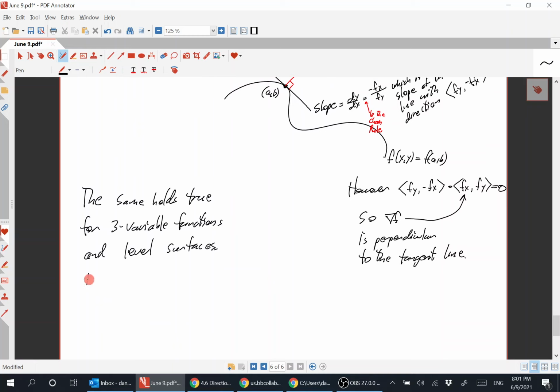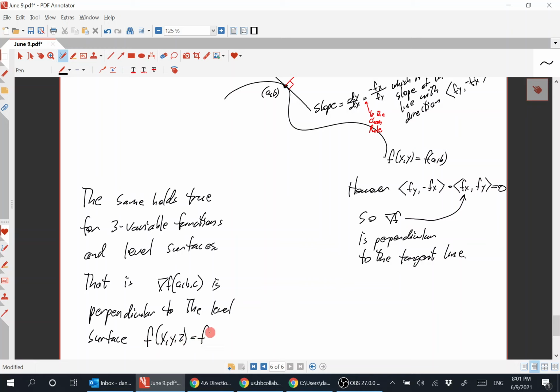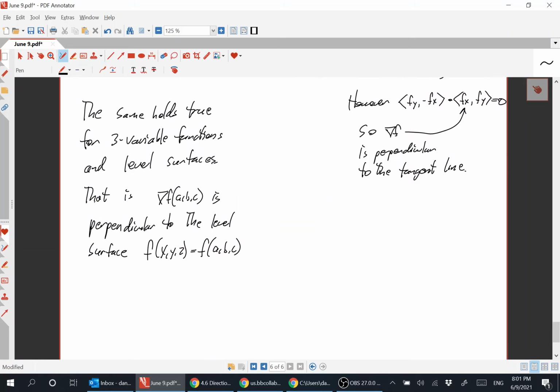All right, that is, the gradient of f at (a, b, c) is perpendicular to the level surface f(x, y, z) equal to the constant f(a, b, c). So gradient, again, perpendicular to the level thing.